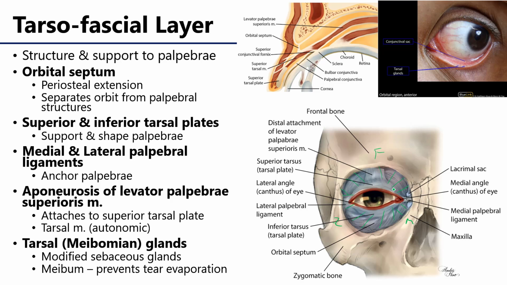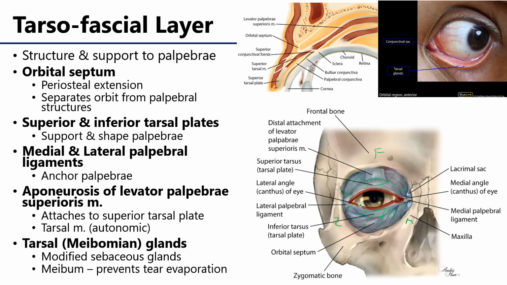Within the palpebrae themselves, there are plates, both superior and inferior. These are called tarsal plates, and they're slightly curved, and they provide support and shape for the eyelids. If you ever were a young person who terrorized others by turning their eyelids inside out, or were terrorized by those who did, that turning of the superior eyelid inside out is made possible by that superior tarsal plate.